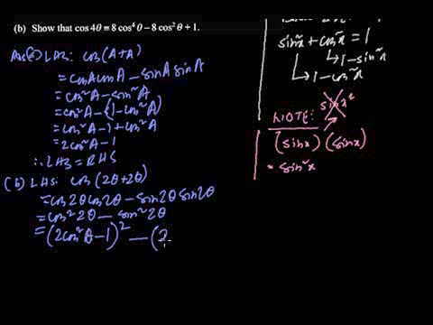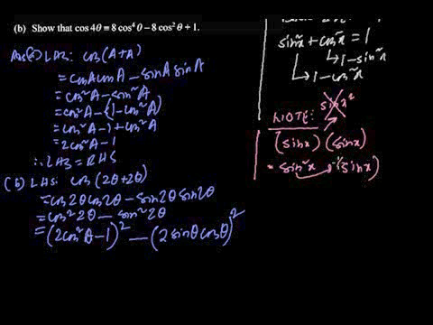Sin 2 theta is 2 sin theta cos theta, and we're going to square it, because sin squared theta is the same as sin theta whole squared. Sin squared x is the same as sin x whole squared, it's the same thing.